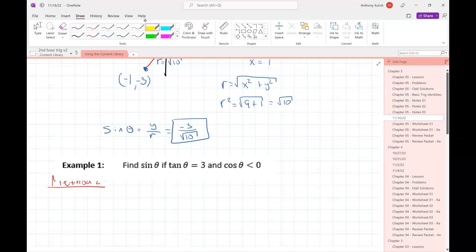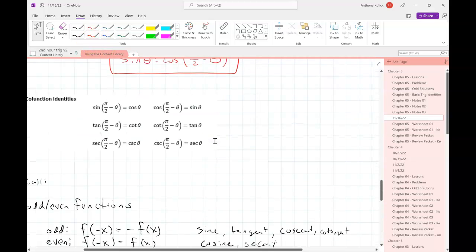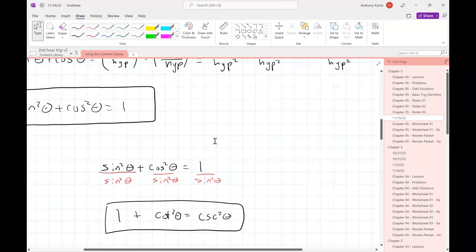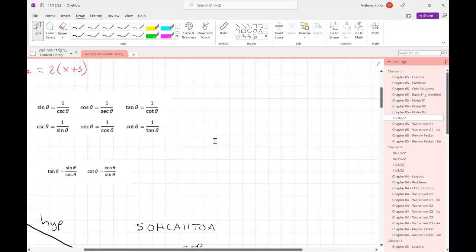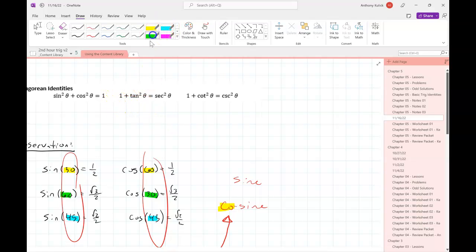So what I'm going to do is first start by looking for an identity that involves only tangent and only cosine. So if I go back and look at my identities, looking for something that involves only tangent and cosine, I don't see one. But I see something that's close. I see this.